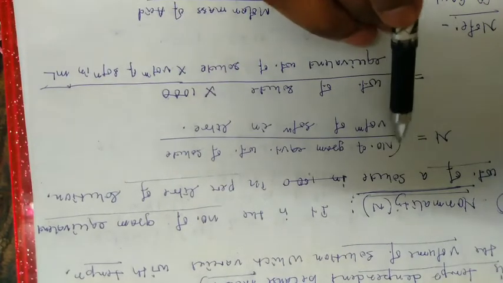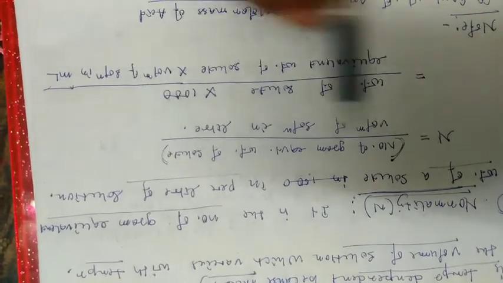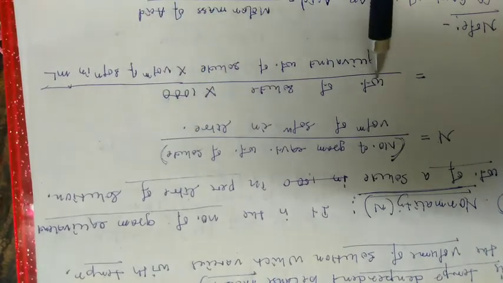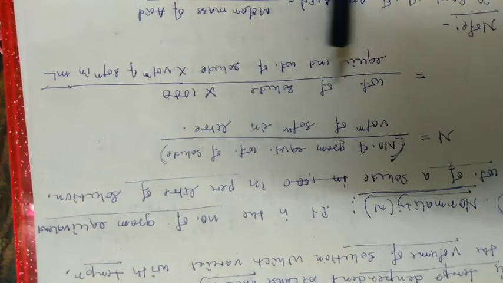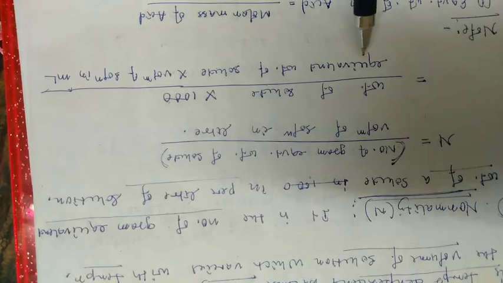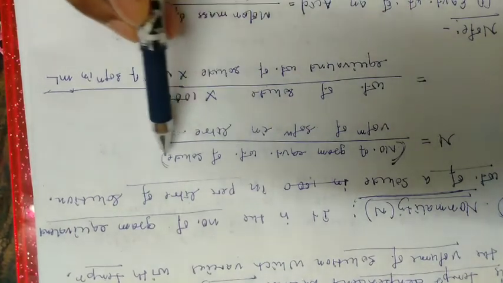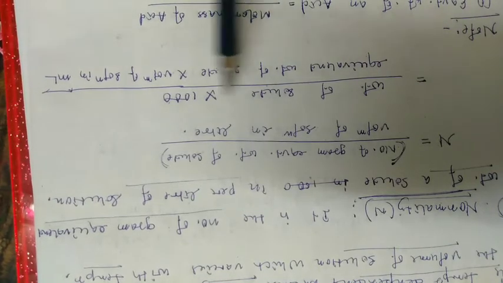So how can you calculate number of gram equivalent weight of the solute? To calculate it, you have to divide the weight of solute by the equivalent weight of solute. By dividing weight of the solute by the equivalent weight of solute, you can calculate number of gram equivalent weight of solute. So this is the second relation to calculate the normality.